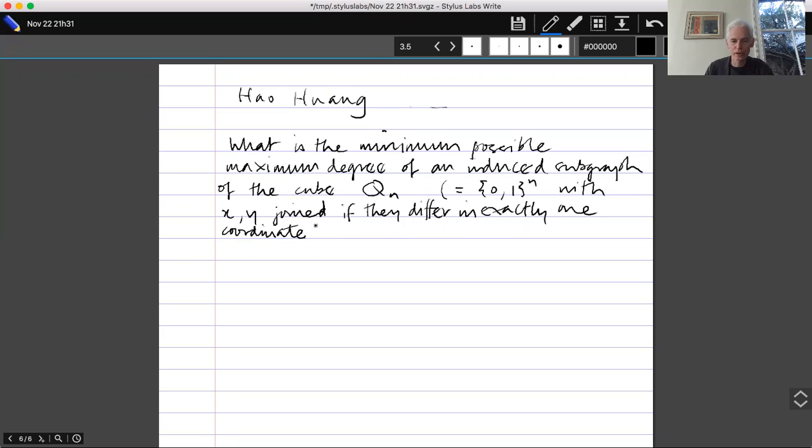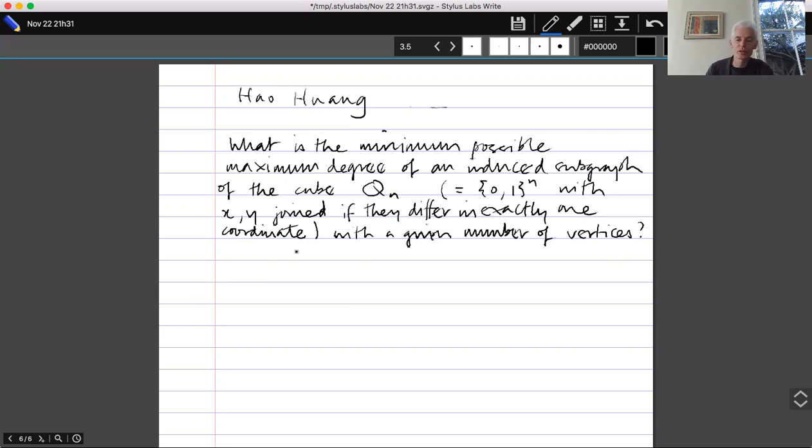So given any vector x, if you flip one of its coordinates, you get a neighbor. So each point in Qn has exactly n neighbors. And I would say so with a given number of vertices. So that's not exactly the question that we're going to talk about, but it's a generalization of the question.